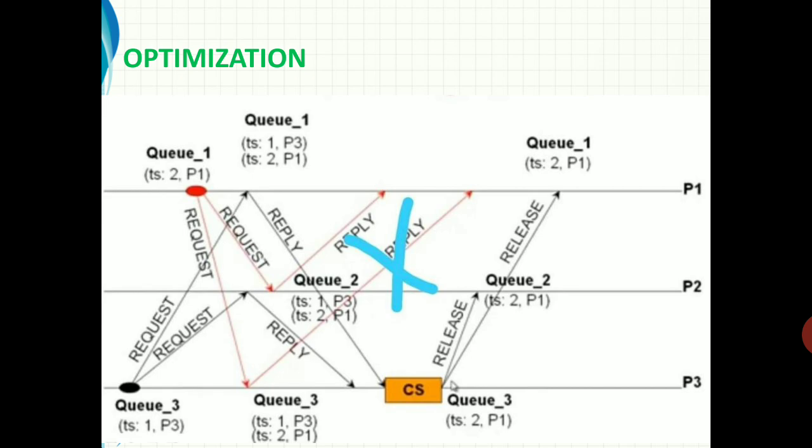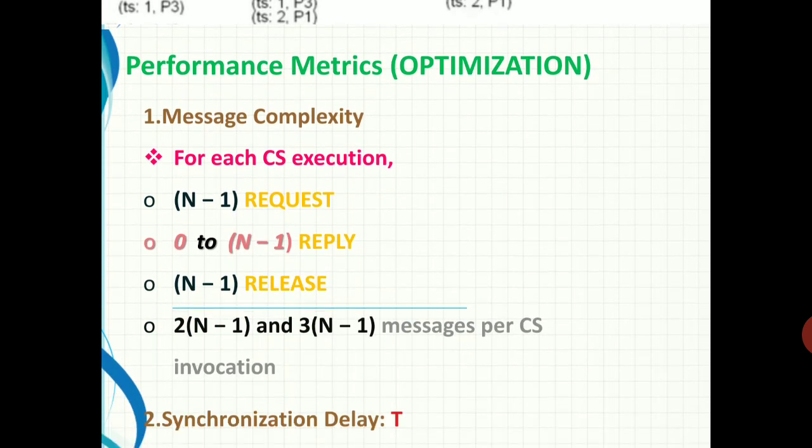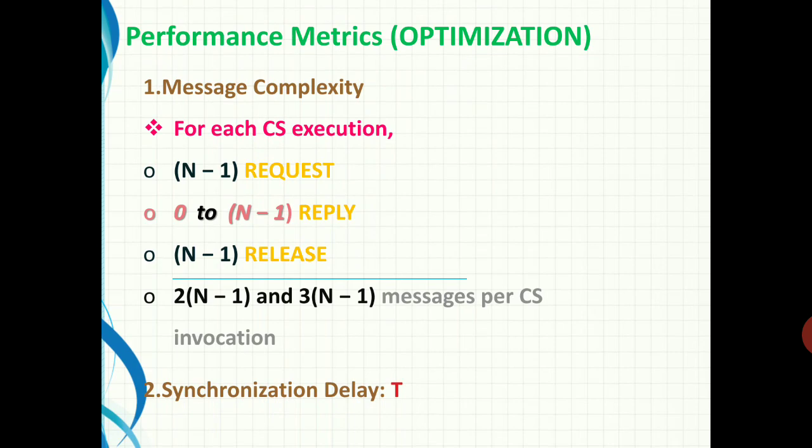So we can conclude that there is no prior process in the system to enter the critical section other than P3. So we can defer the reply message to P1. That is the optimization. By this we can reduce the number of reply messages.